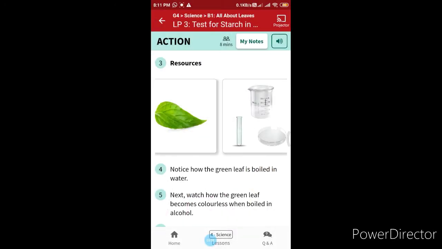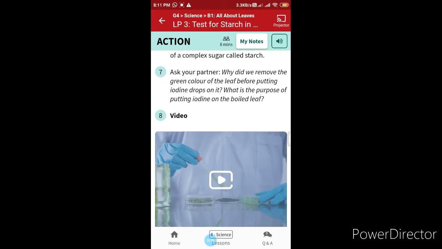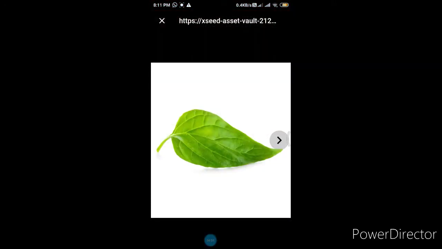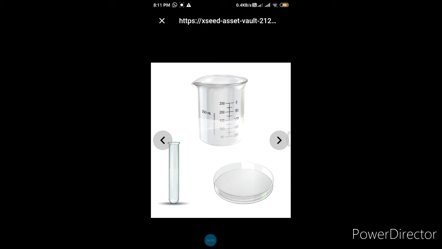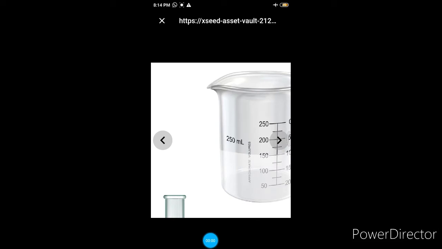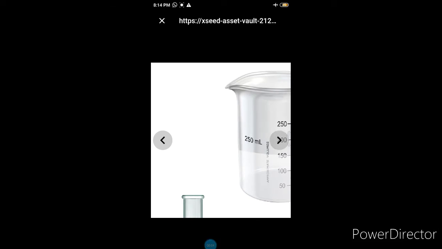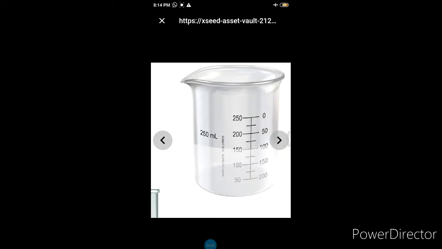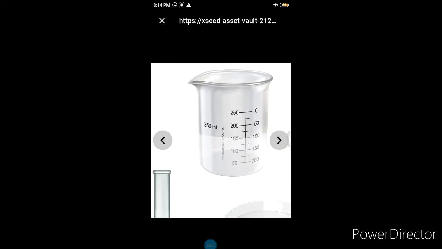To perform the activity, first you have to boil the leaf. Dip this leaf into hot water. In this beaker, take hot water. To continue this experiment, first you need to take a fresh leaf and hot water in the beaker.